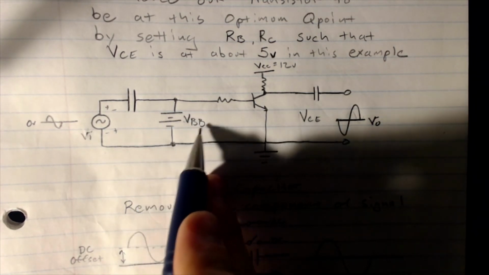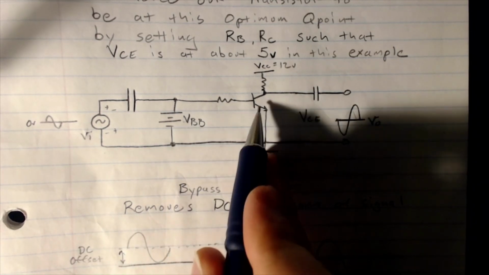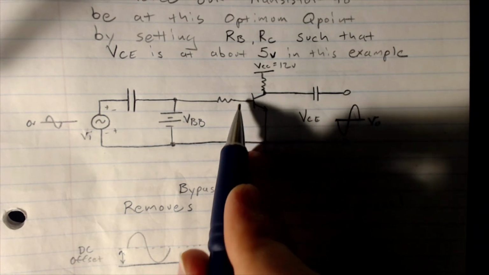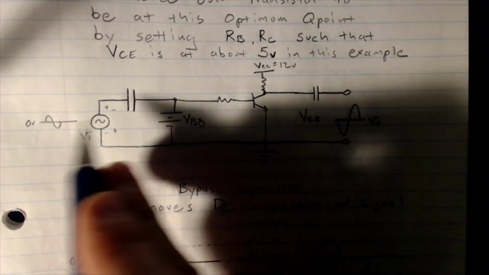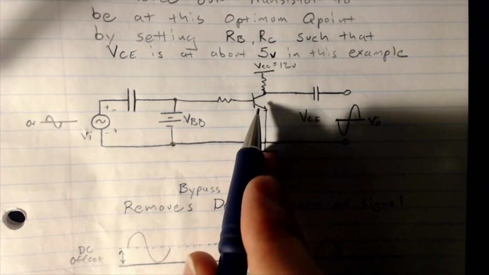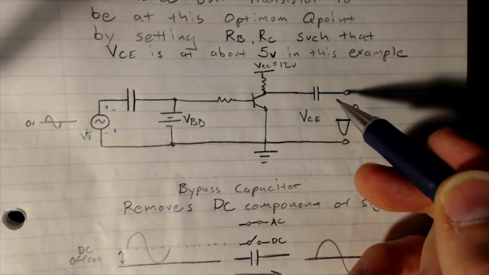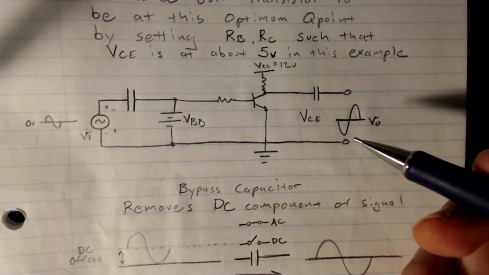This would be the bias voltage that's necessary to get our transistor into the center of that load line, into its linear range. And now we can have this changing signal cause a changing output in our voltage between the collector and the emitter.